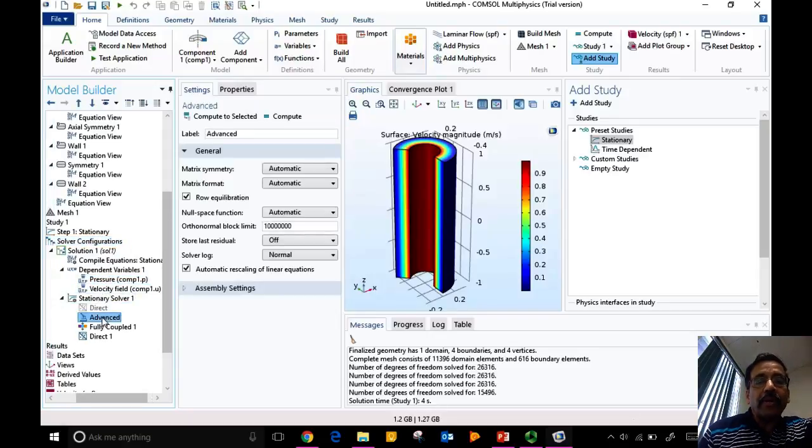Advanced. No, we're trying to see how to control the tolerance first, and then we'll go and see. We will reset it so that we solve without convergence and then look at the results. So there are two issues. There are lots of algorithm-related issues, and we will understand that only when we look at numerically solving the Navier-Stokes equation. Assembly settings. Assembly settings refers to how you assemble the matrix.